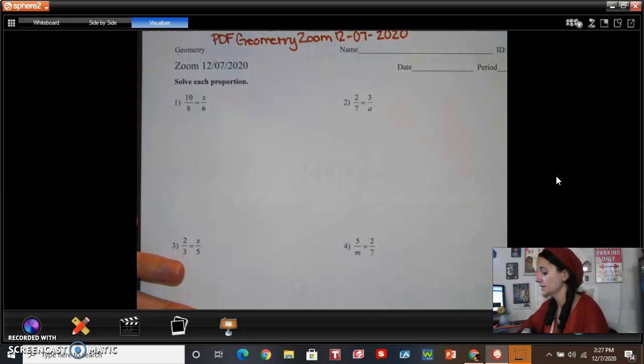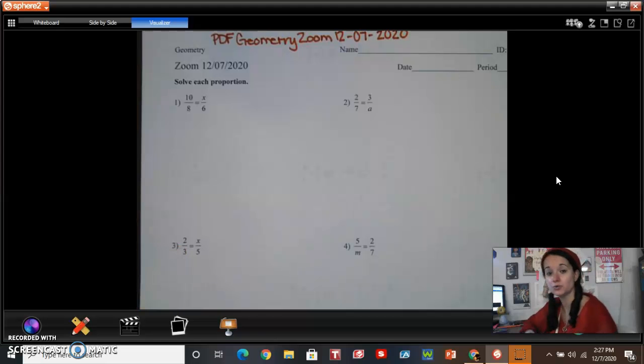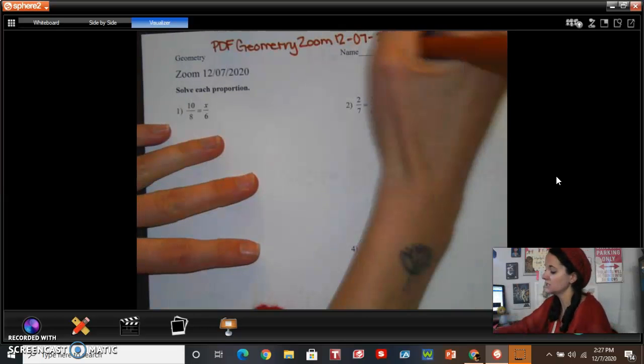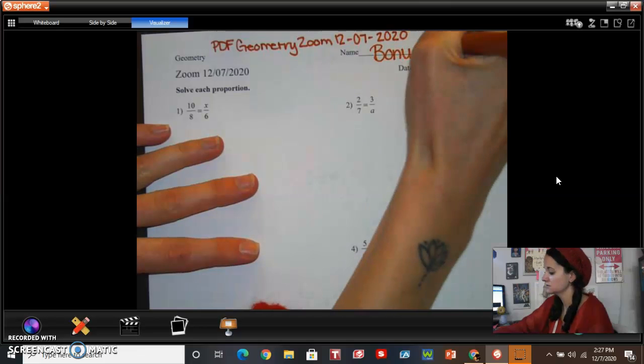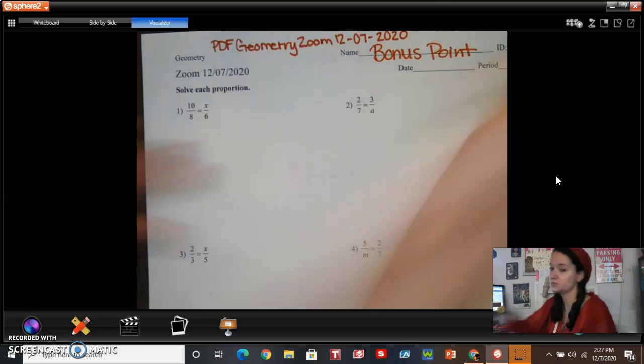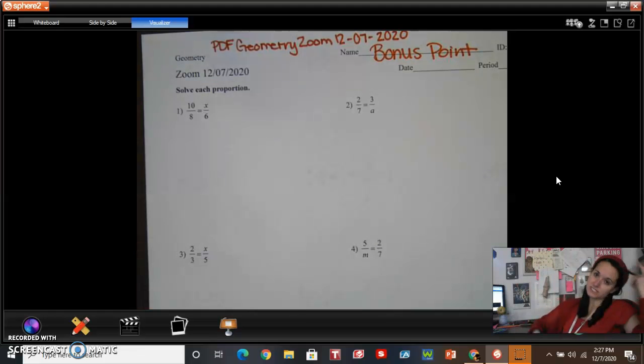If you would like to get out a sheet of paper and work these problems, there is a Google form in which you can put your answers in after you work these out. This could possibly be a bonus point opportunity.